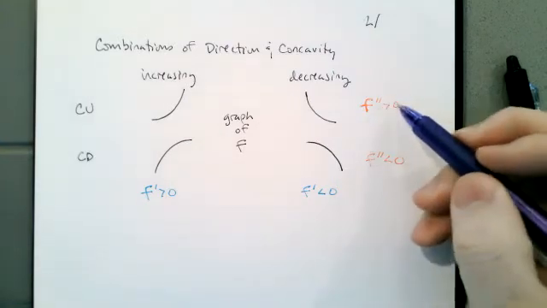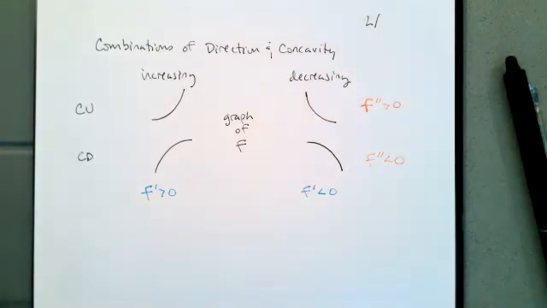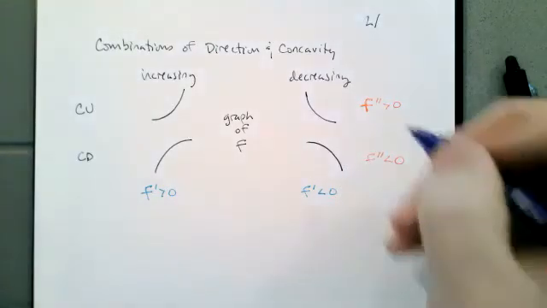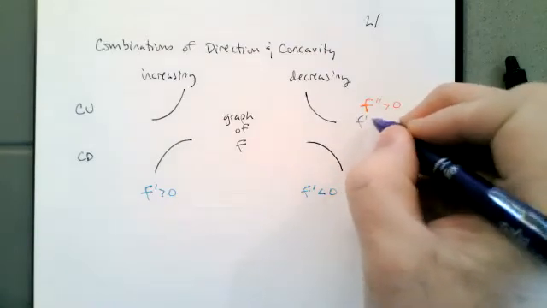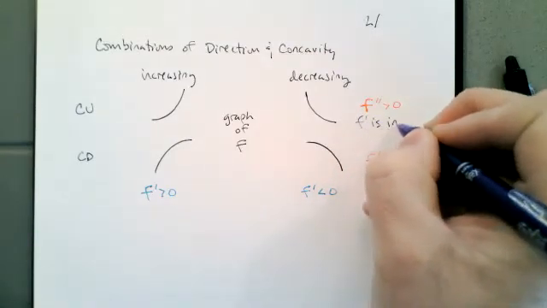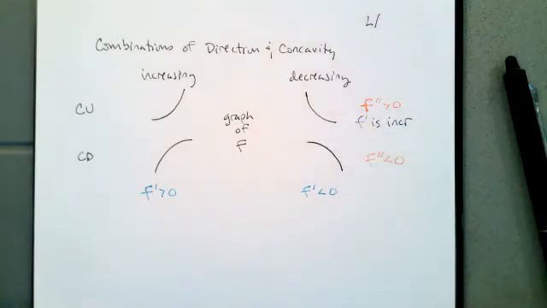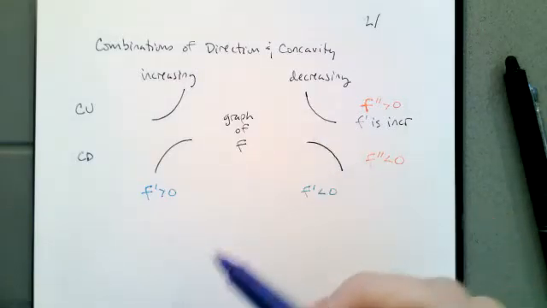When the second derivative is positive, we know that the first derivative is increasing. So if f double prime is positive, then f prime is increasing. And so that means if we look at the graph of f prime, it will be going up from left to right.